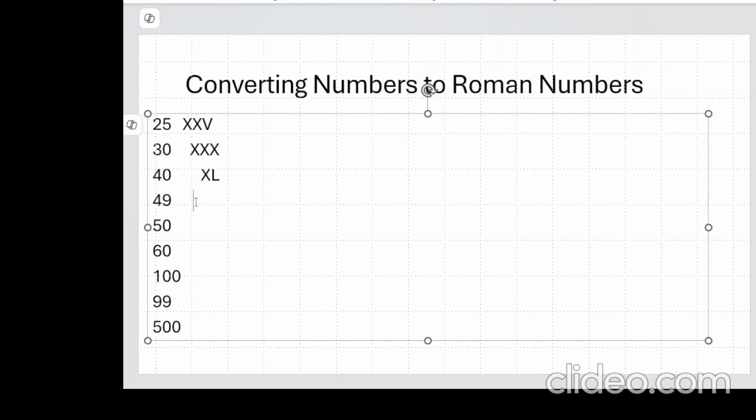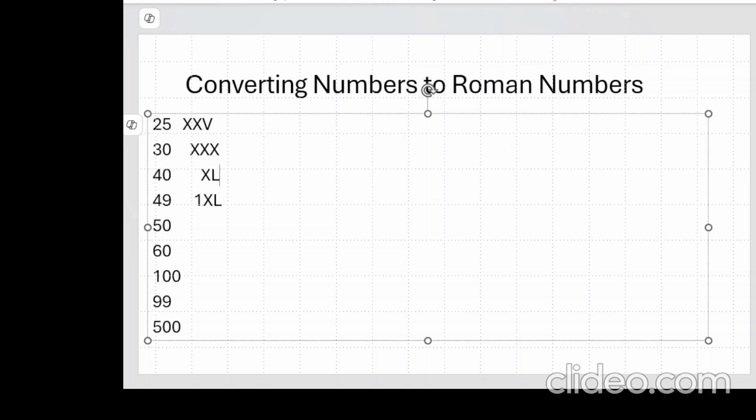In the same way, for 49, L is the larger number, then we will be writing it as X and IX, that is 9, then we have L.